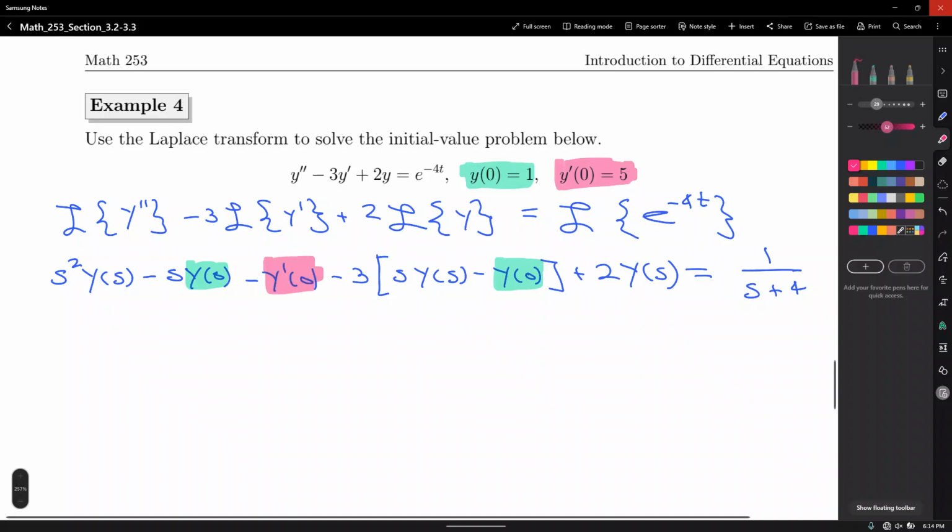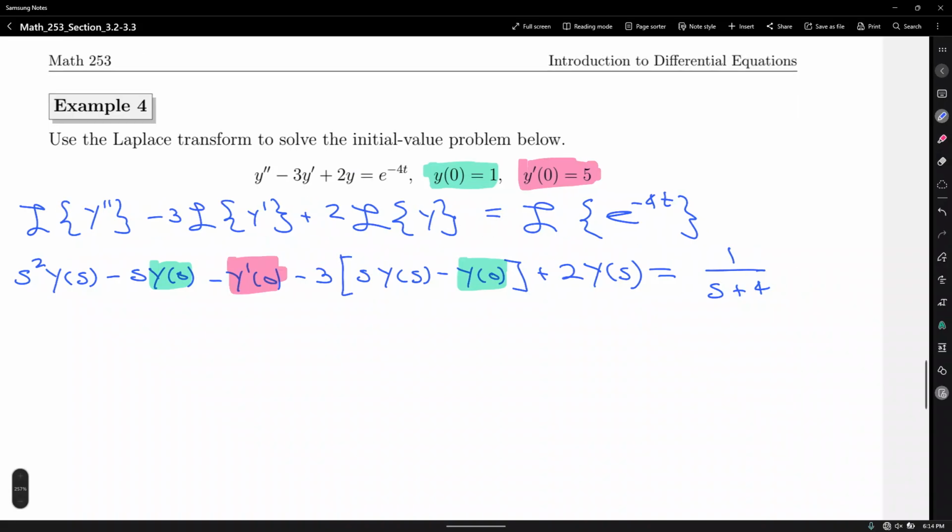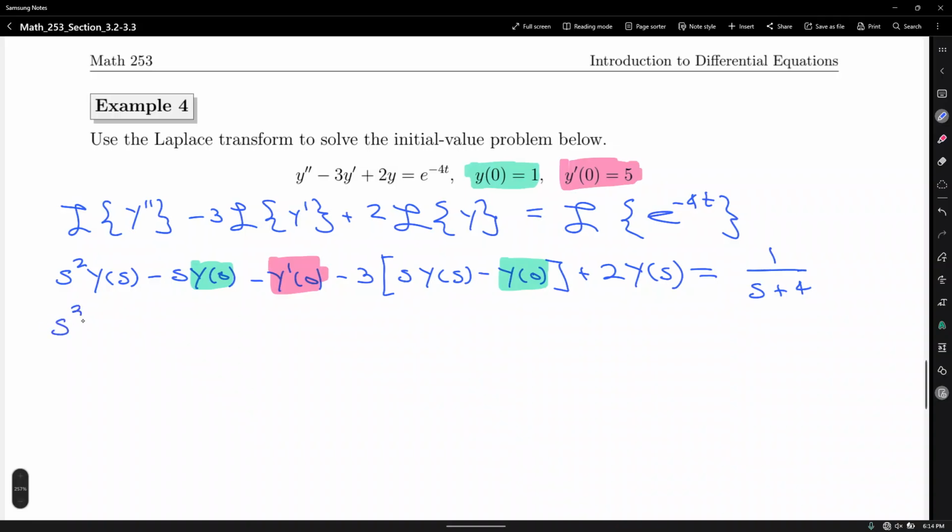Substitute the numerical values and let's do the algebra here. All right, so s squared y of s minus s times 1, that's just s, minus 5. Okay, let me make sure that my 5s look like actual 5s. They can be confused with s's. If something looks weird, let me know.